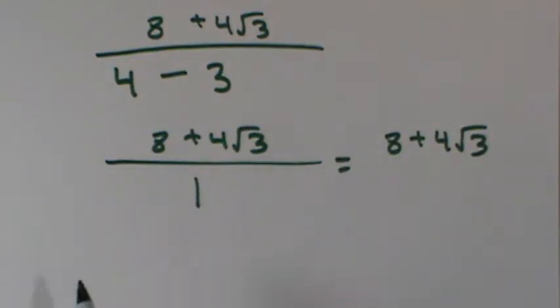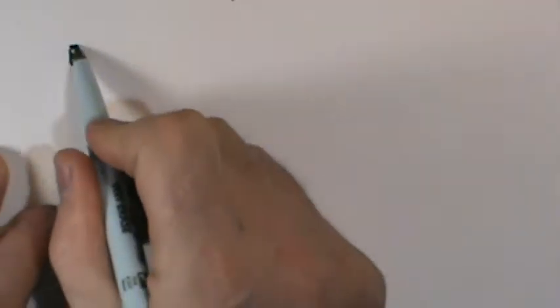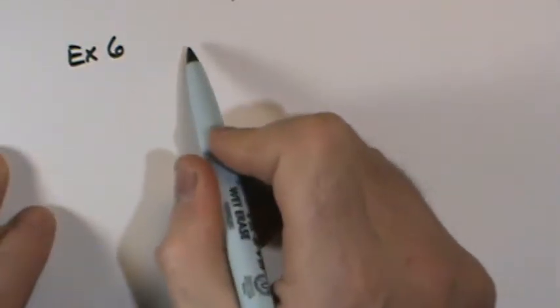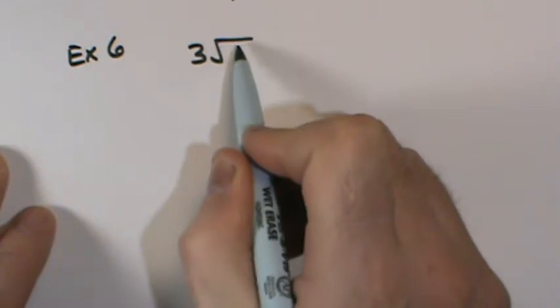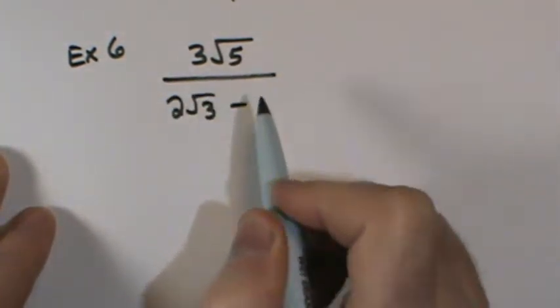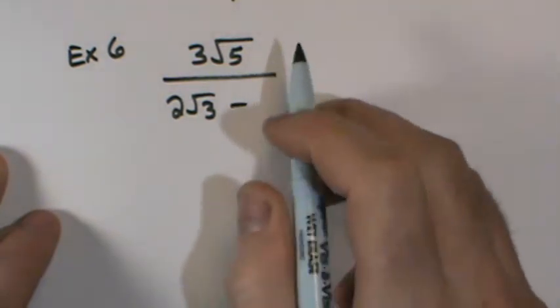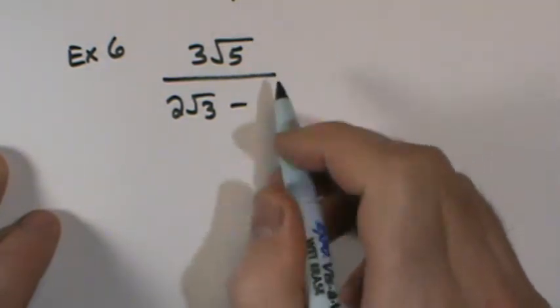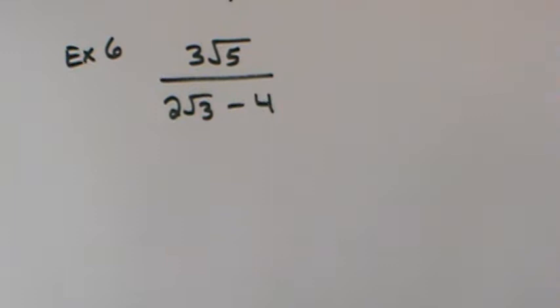Let's do another example. We'll call it example number 6. Let's say we had 3 rad 5 over 2 rad 3 minus, I don't know, 4. Just making these up.